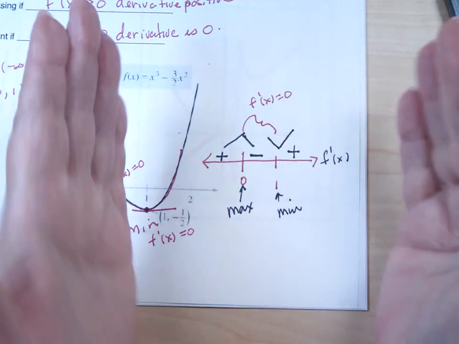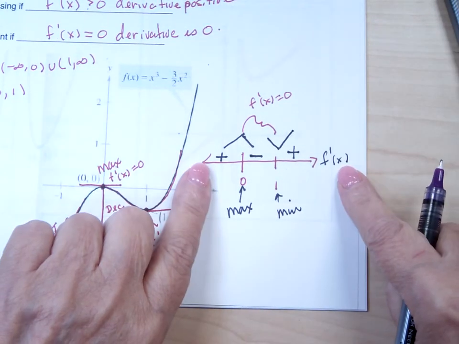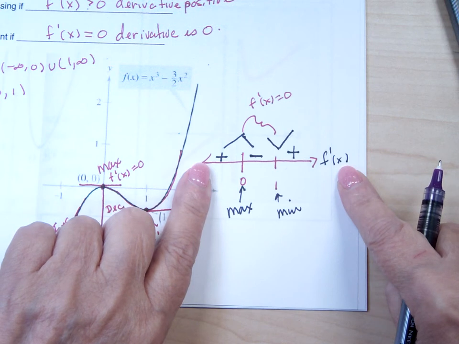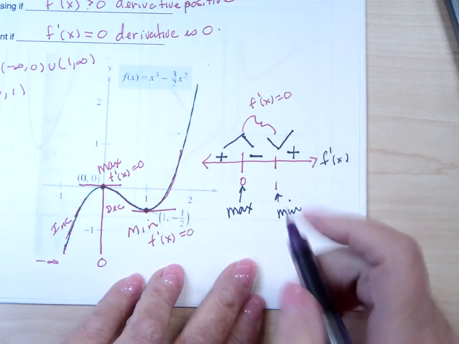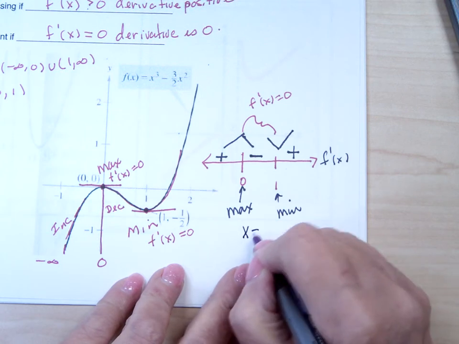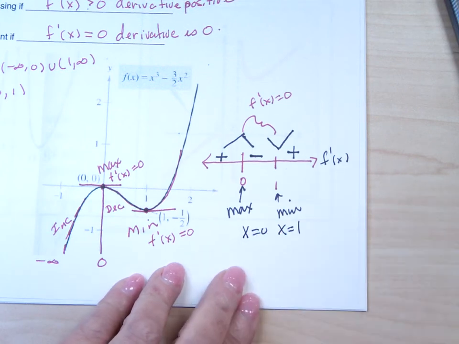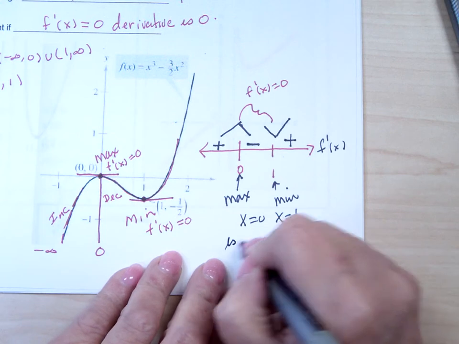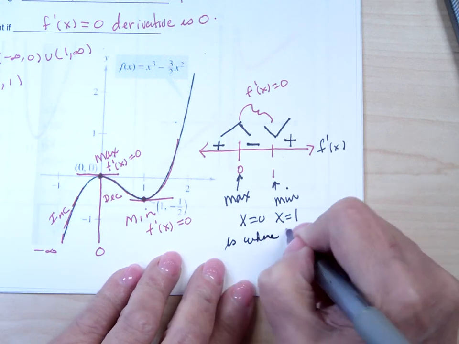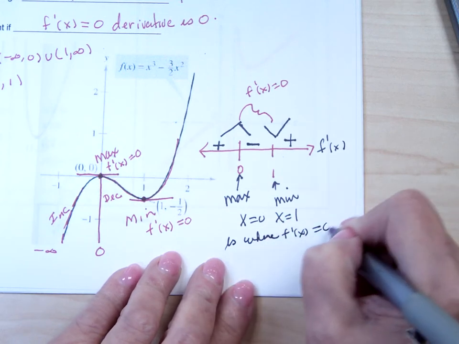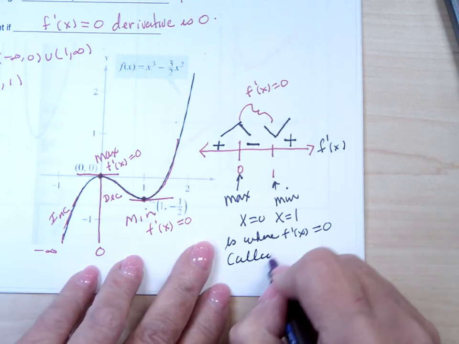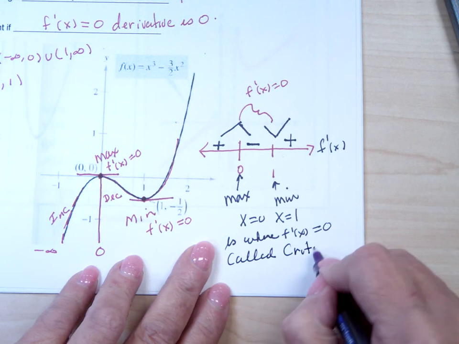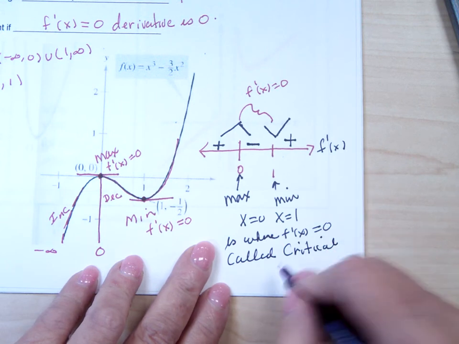So if I were to look at the number line that exemplifies f prime, these two numbers is where f prime of x equals 0, and what they are called are critical numbers.